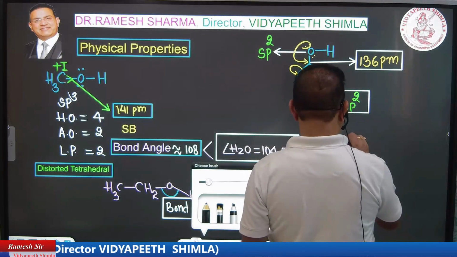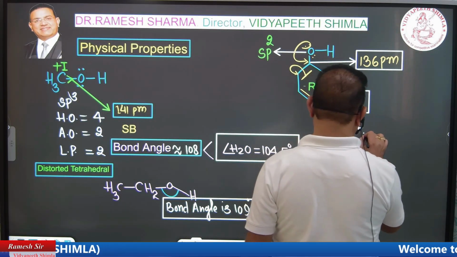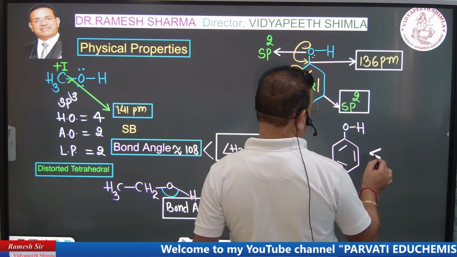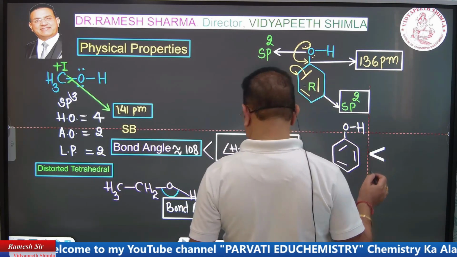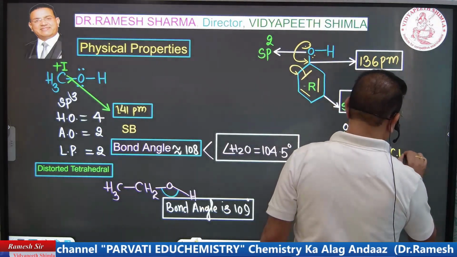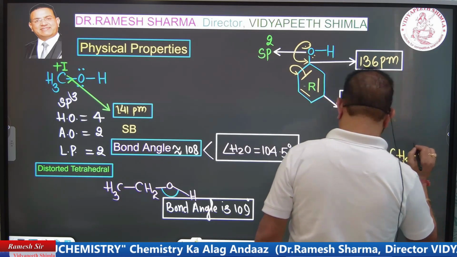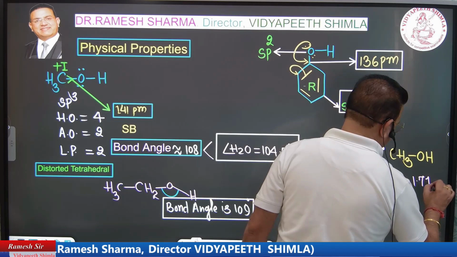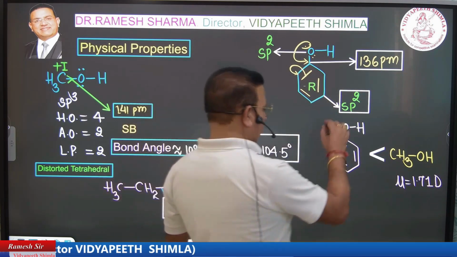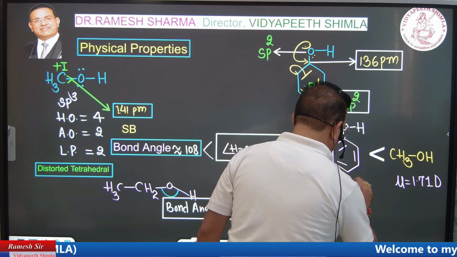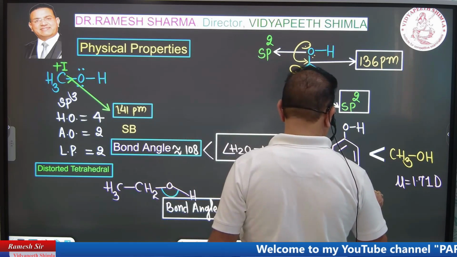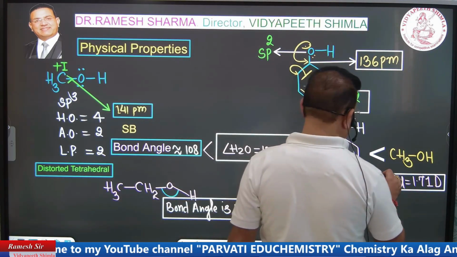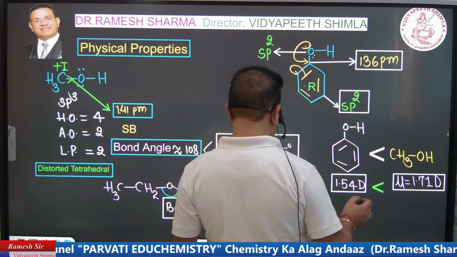That's why the dipole moment of phenol is less than the dipole moment of methanol. The dipole moment in methanol is 1.71 D, whereas in case of phenol it is 1.45 D. Yes, no. And the reason is very much crystal clear, that OH is bonded to sp3 hybridized carbon.